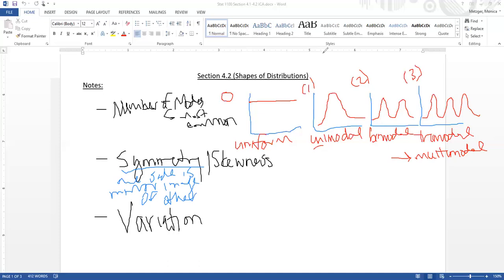So, for example, I could have a bimodal distribution, and if I were to separate this curve into halves, we would have that right side as a mirror image of that left.